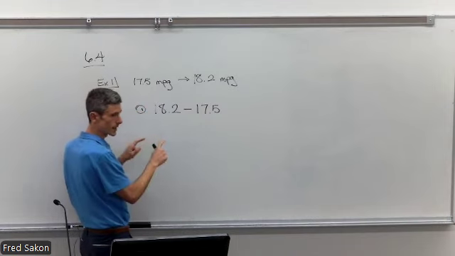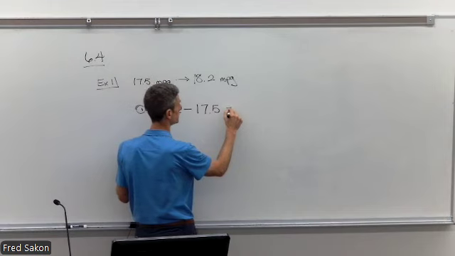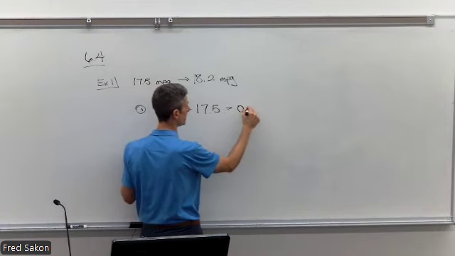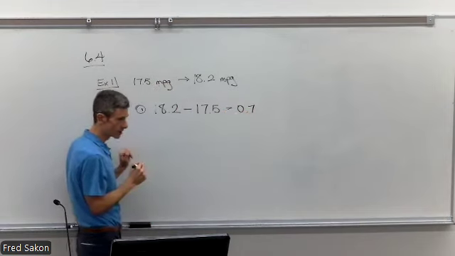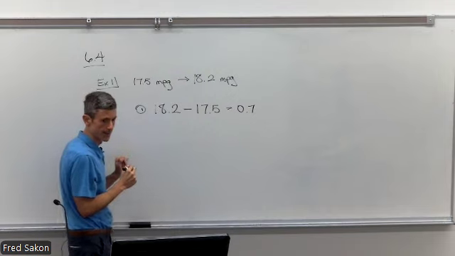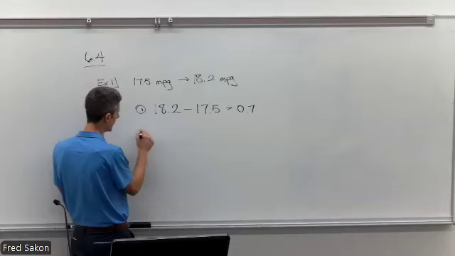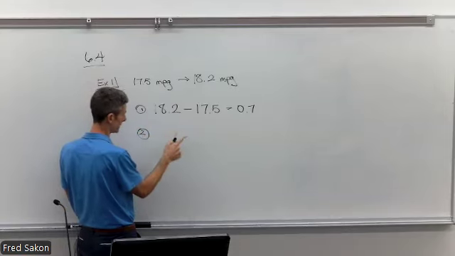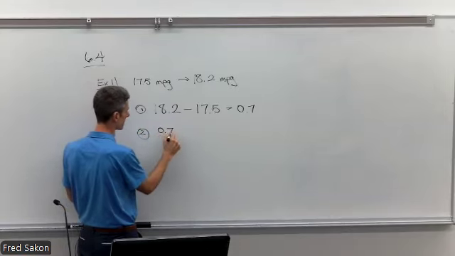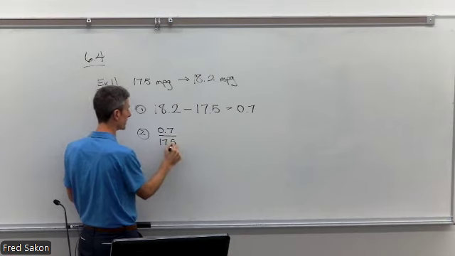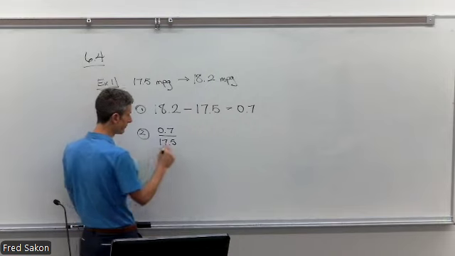And we can do that in our calculator. You might want to confirm for yourself that you get 0.7 from that. And then what we want to do as a next step is take that difference, 0.7, and divide it by the original amount or the old amount, 17.5.